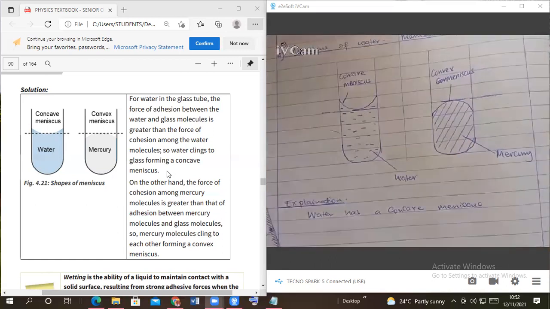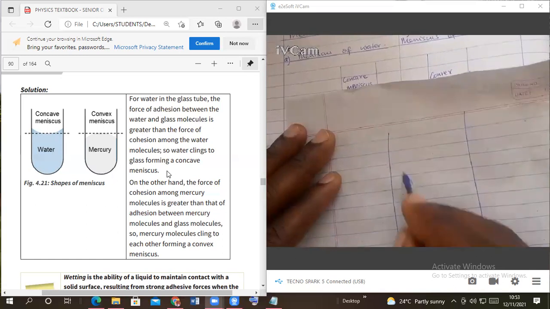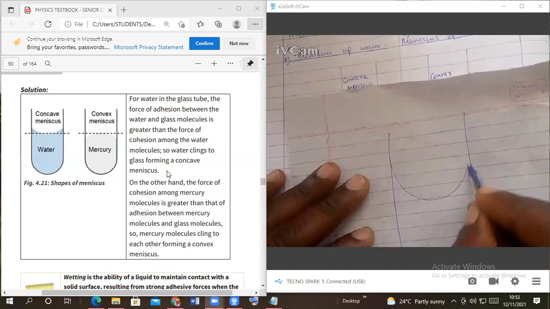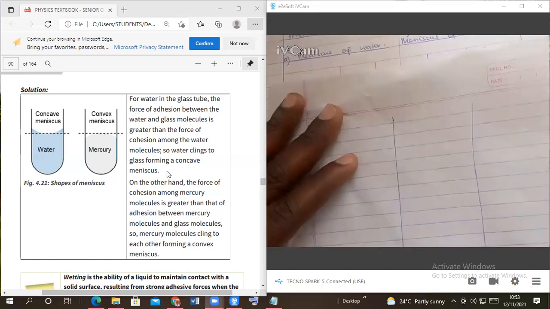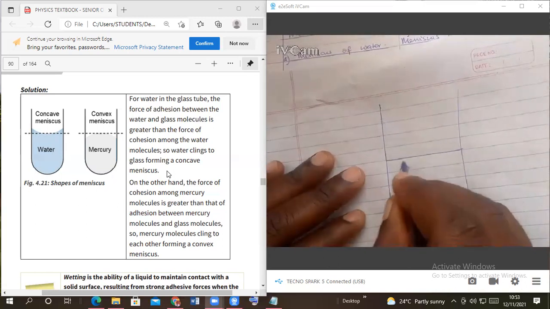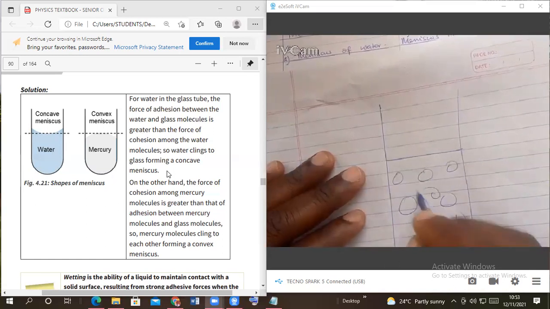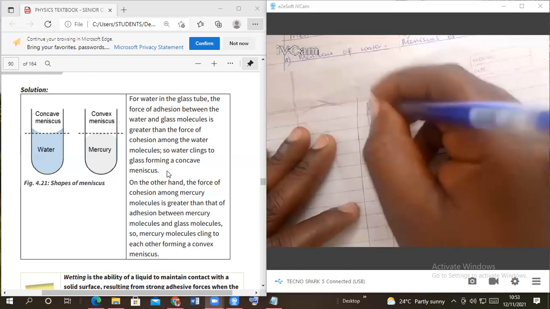Let me see whether I can use another paper here and explain for you that. So if this is the water here, this is the capillary tube, and we have water here. Let me first do it like this, because some of you may think water may be like that. Okay, so if you pour water, it will be like that. But because water has molecules, and these are the walls of the capillary tube, they also have molecules.